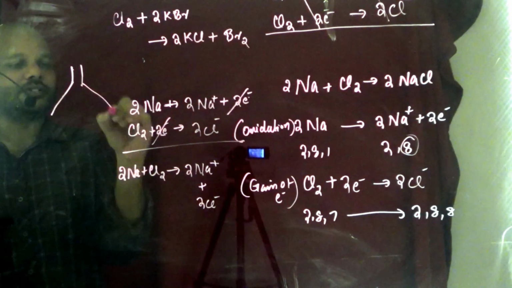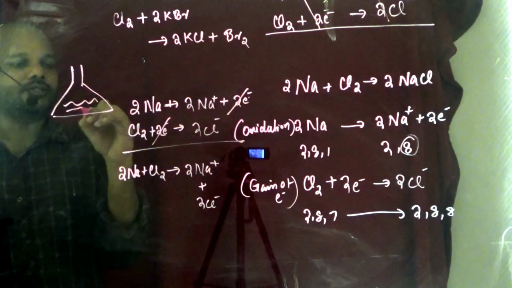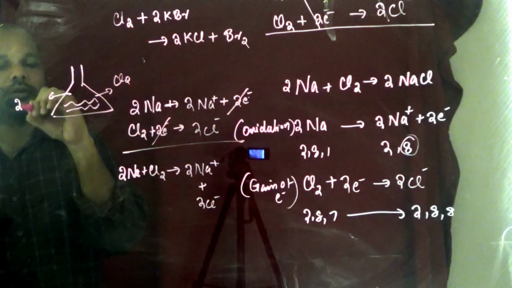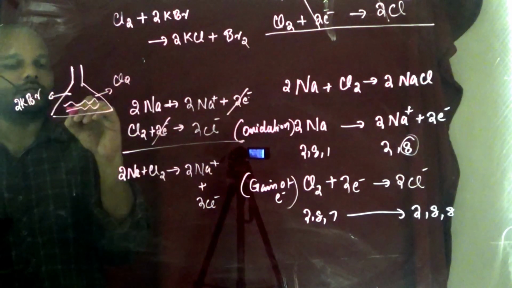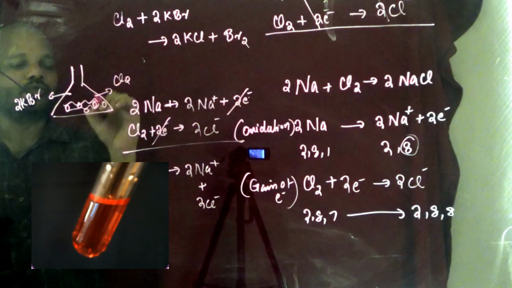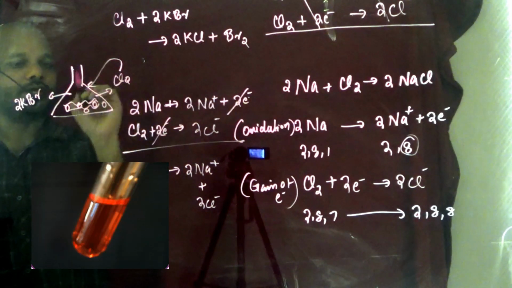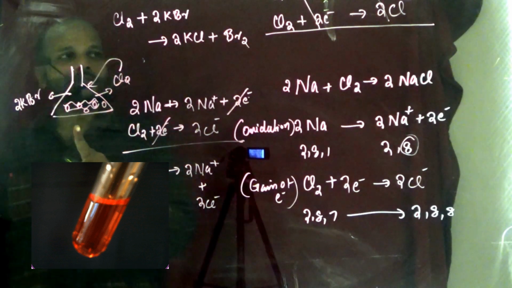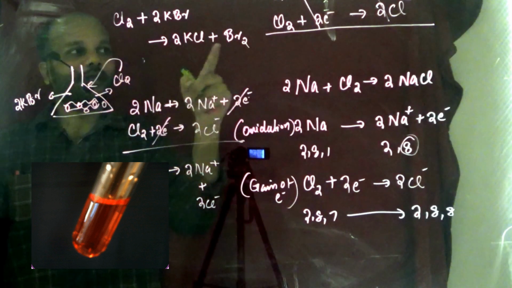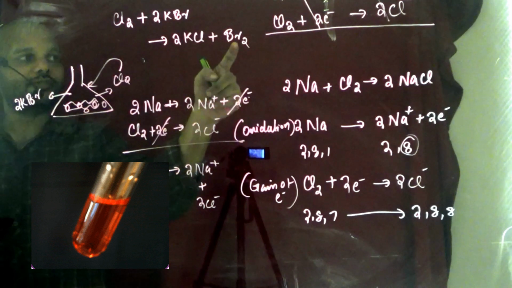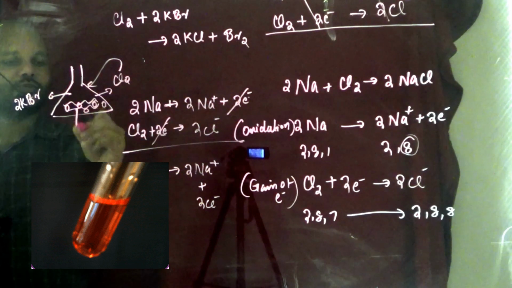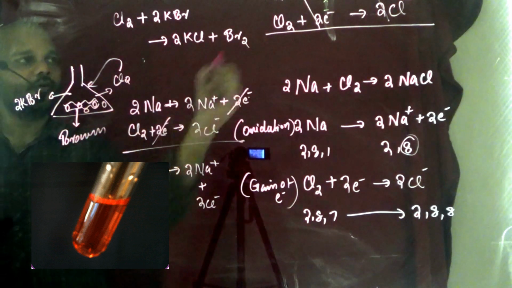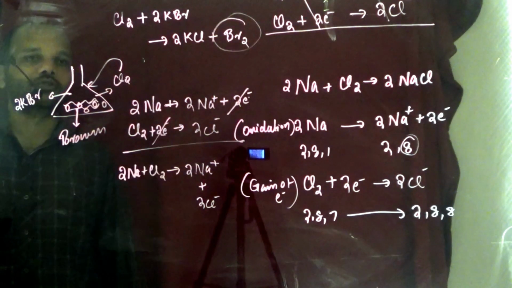At the start, this beaker is going to have chlorine and 2KBr, maybe KBr crystals or KBr solution, and you may be passing chlorine through that. So initially the solution is going to be colorless. But once the reaction goes on, due to the presence of bromine, the solution is going to change to a reddish brown color, because bromine is a reddish brown solution.